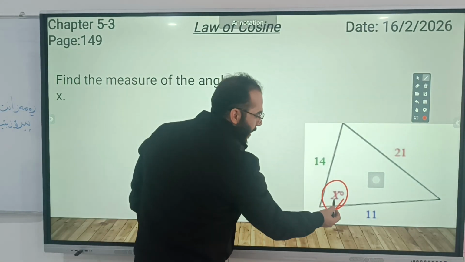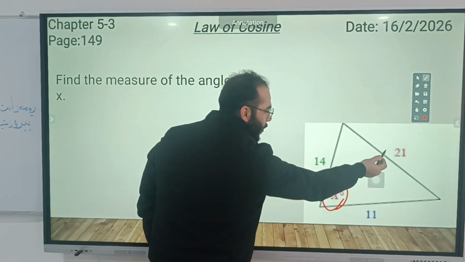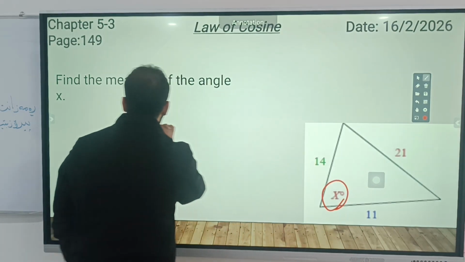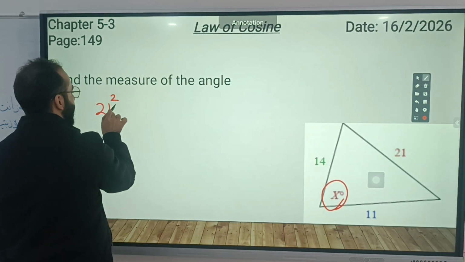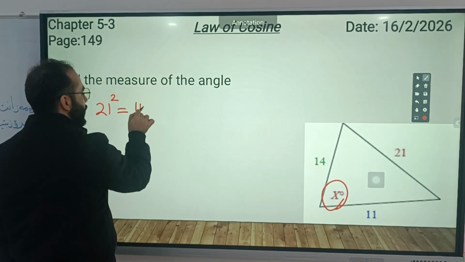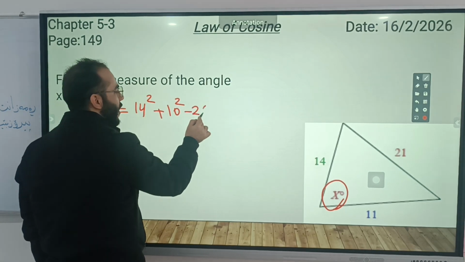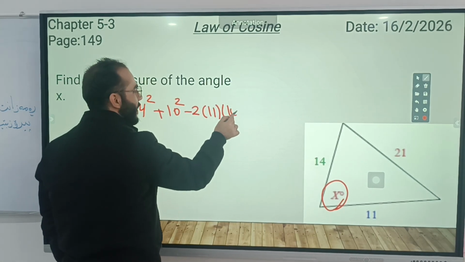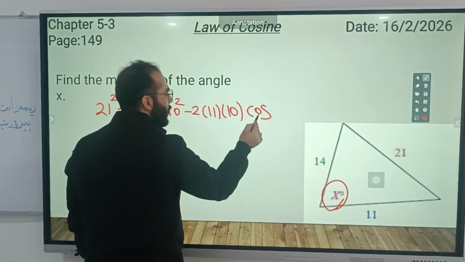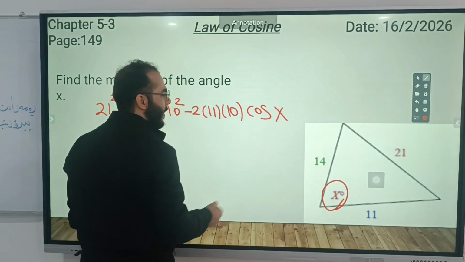So here, angle x. In front of angle x, what side do I have? 21. So you are going to say that 21 squared equals 14 squared plus 10 squared minus 2 times 11 times 10 times the cosine of that angle between them, which is cosine x.